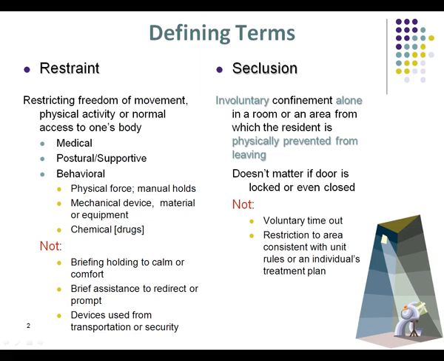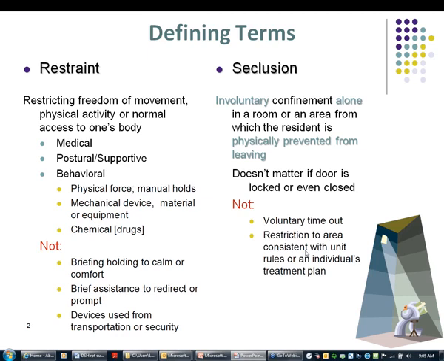The third are behavioral restraints, and these are really when we're using a restraint to impede somebody's behavior, generally because they're violent or aggressive. And behavioral restraints tend to fall also into three separate categories. The first type of a behavioral restraint is restraint used for physical force, when actually someone is physically holding a person or applying some kind of direct contact, some manual hold.